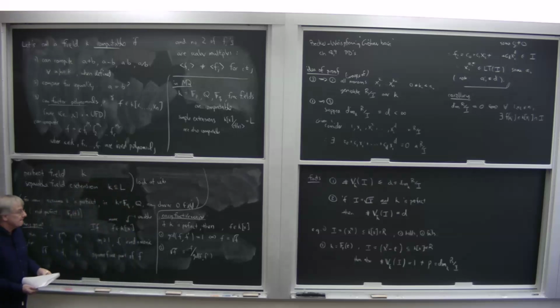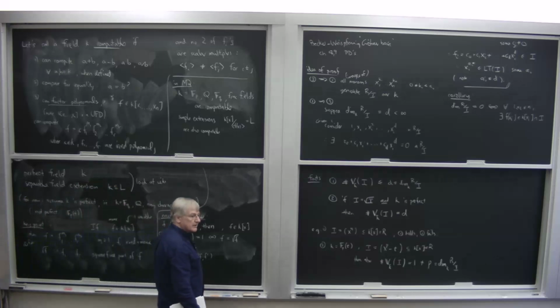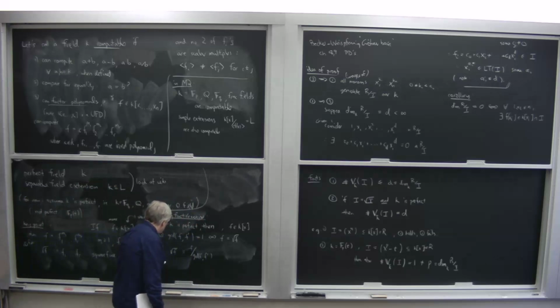Sorry, is f' in k[x]? Yes. So what is f'? For example, if f is equal to x^3 + 3x + 2, then f' is just 3x^2 + 3, just like you would normally do it.